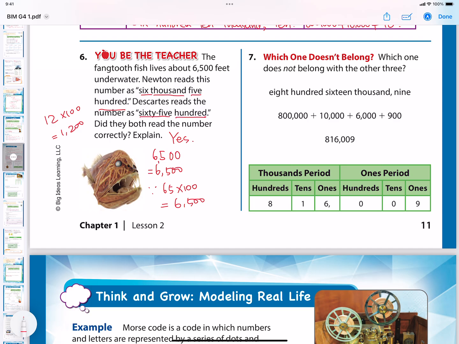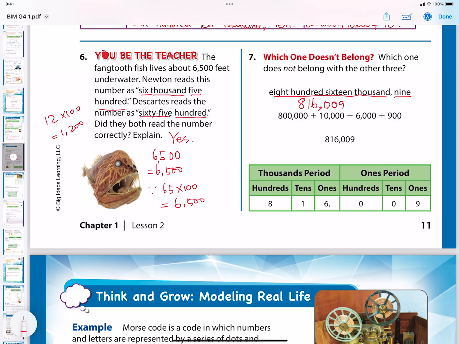So I'm going to use this one, 816,000. Okay, I'm going to put this period, using a comma to show the period. Okay, the thousands period is over. 9. Okay, 9. Yes, don't get confused. This is the ones place. So there is nothing in the hundreds place and nothing in the tens place, but only the ones place, which is 9.